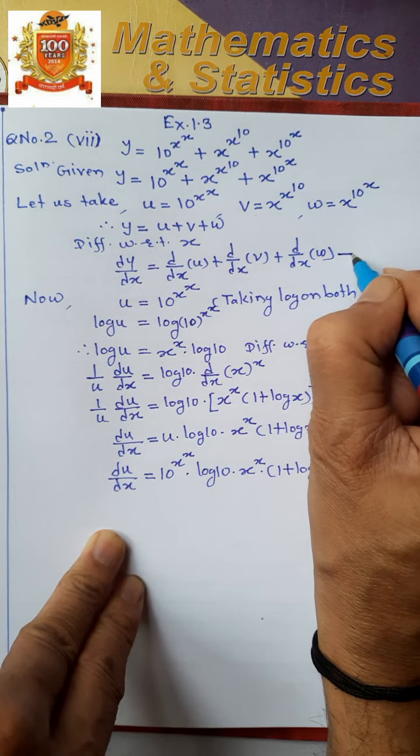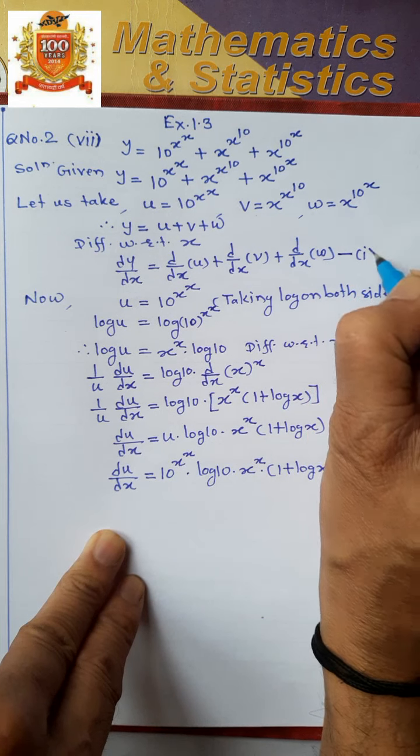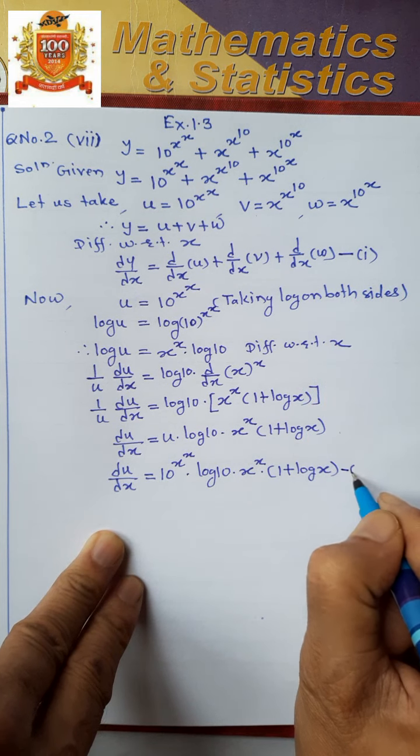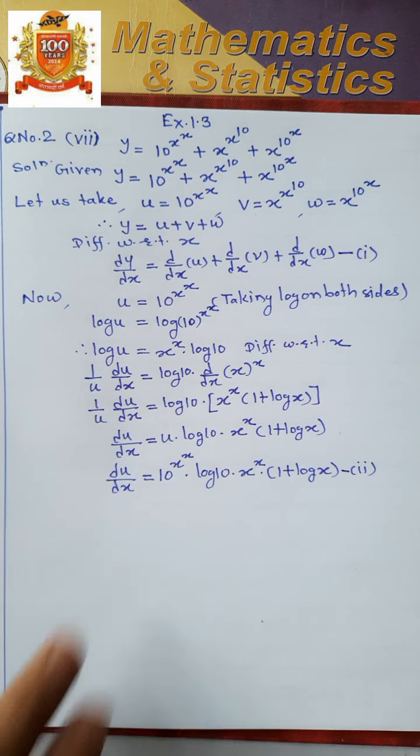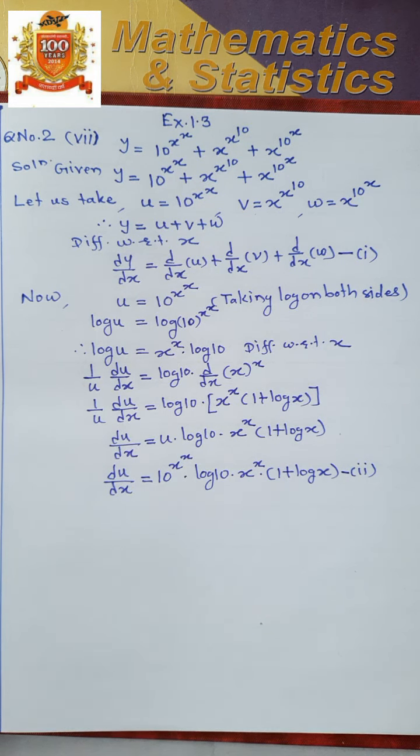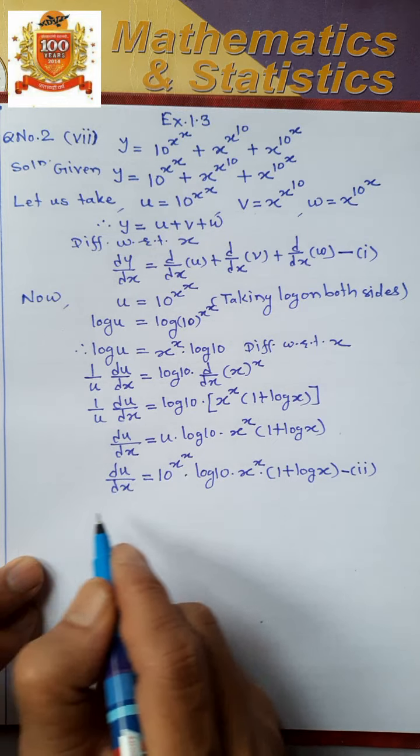First denote this equation as 1. Now denote this equation as second. Now we calculate dv by dx.